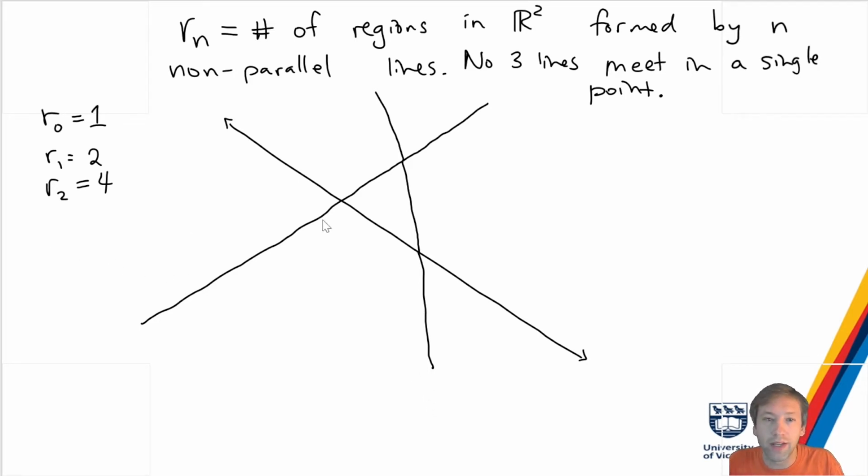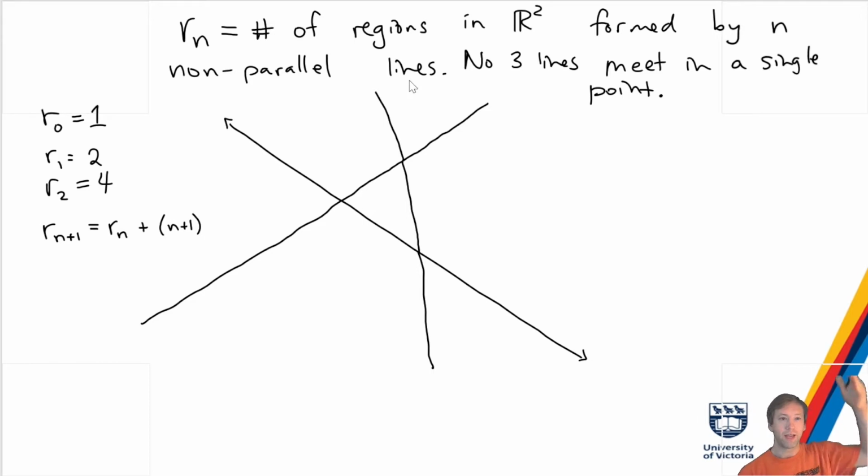In general, we're going to have this recurrence: when I add the n plus 1th line, I have as many regions as I had before, plus the number of new regions, which is going to be n plus 1.